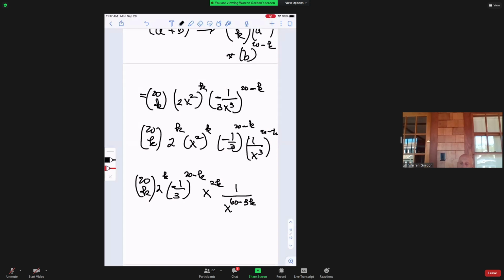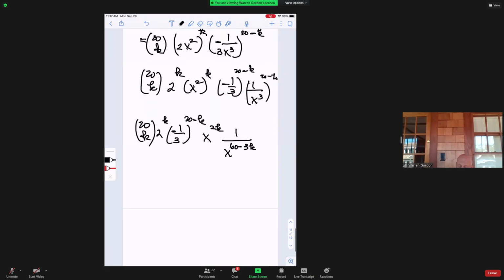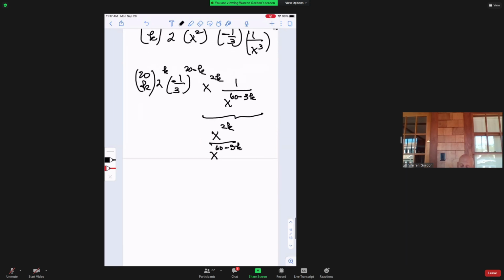This is x cubed raised to the power 20 minus k, a power to a power you multiply. Let me just rewrite this. This is x to the 2k over x to the 60 minus 3k. And I could rewrite this term as x to the 5k minus 60.